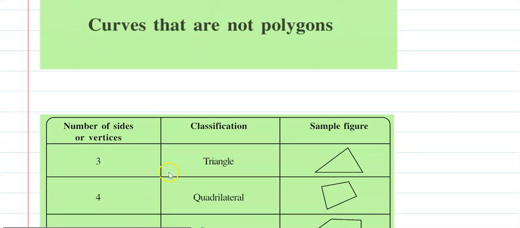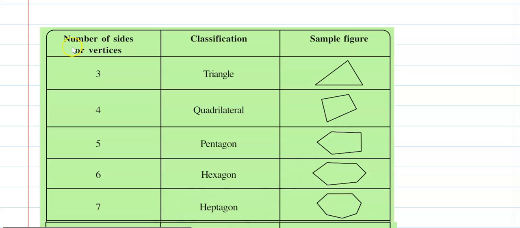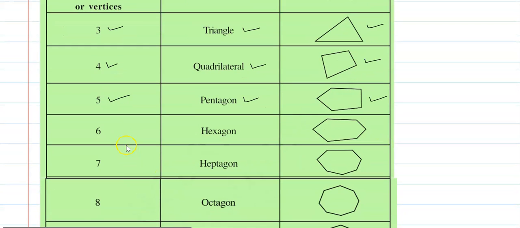Okay, now the next, the number of sides or vertices, and the classification. If there are 3 vertices, then it is a triangle, and this is the figure. 4 vertices, then it is a quadrilateral. 5 vertices, then it is a pentagon. 6 vertices, then it is a hexagon.